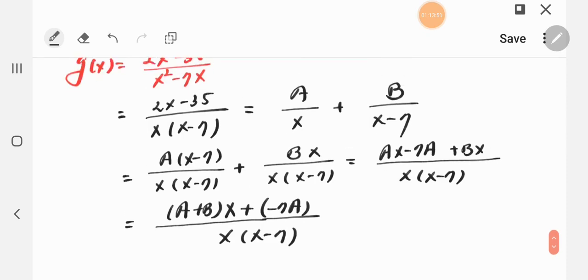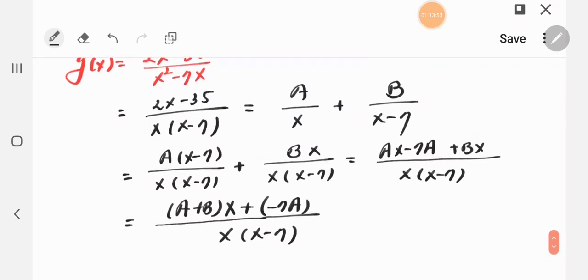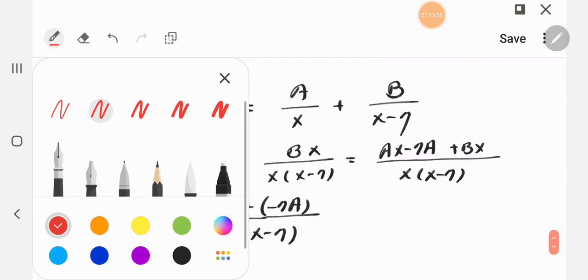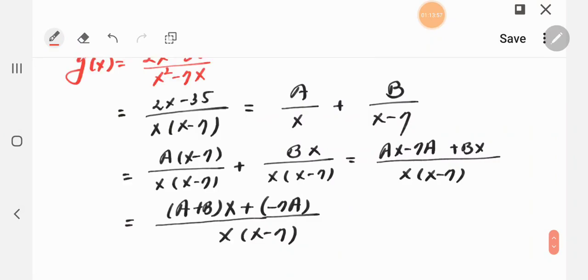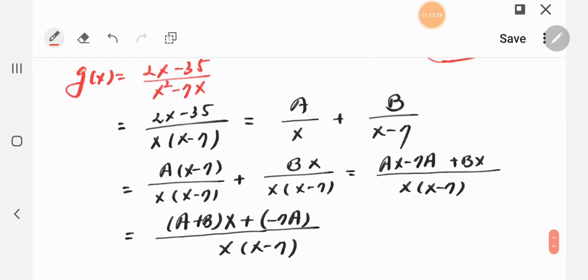So if we compare this with the original one, the original function is, let me use a different color, 2x minus 35 over x times x minus 7. So a plus b, the coefficient of x, should be equal to 2, and the constant is equal to negative 35.